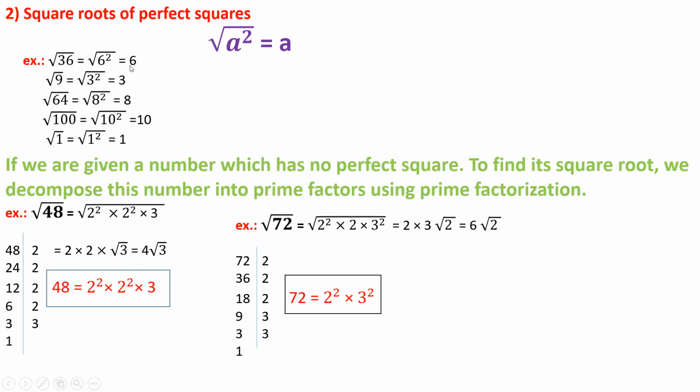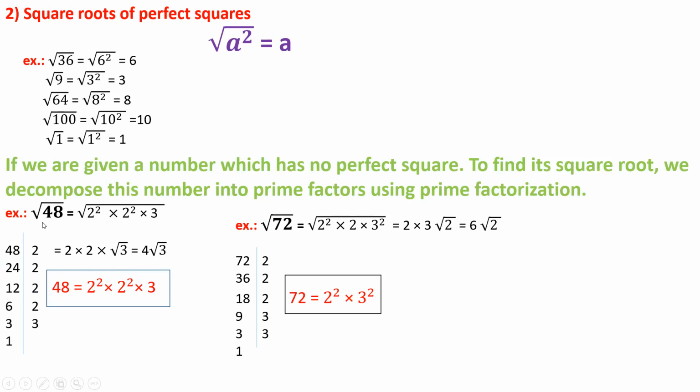We find them directly. But if we are given a number which is not a perfect square, to find its square root, we decompose this number into prime factors using prime factorization. For example, radical 48. 48 is not a perfect square.